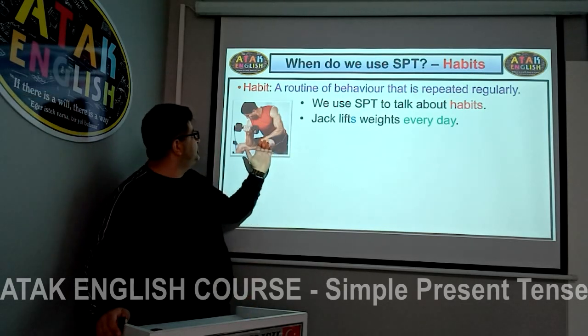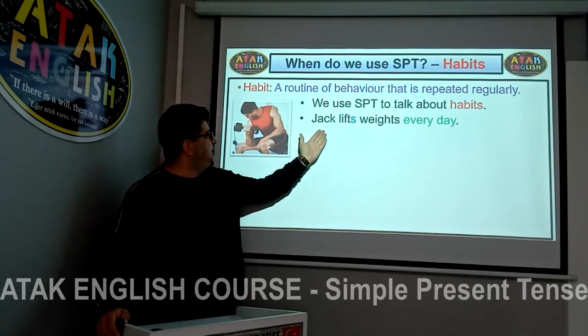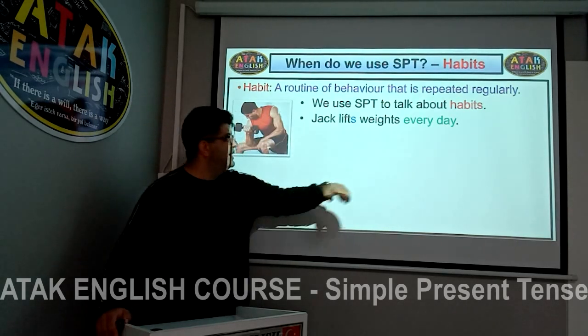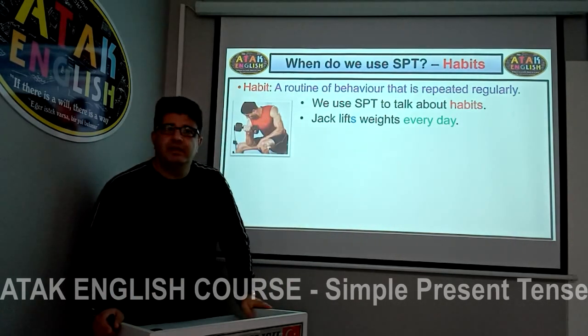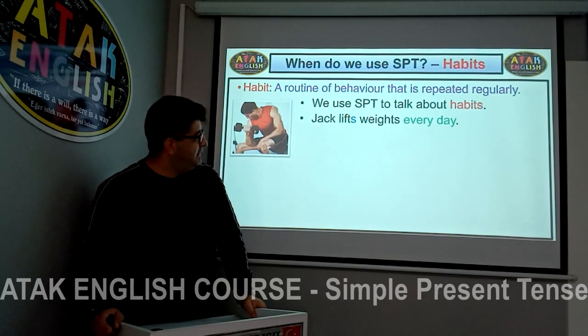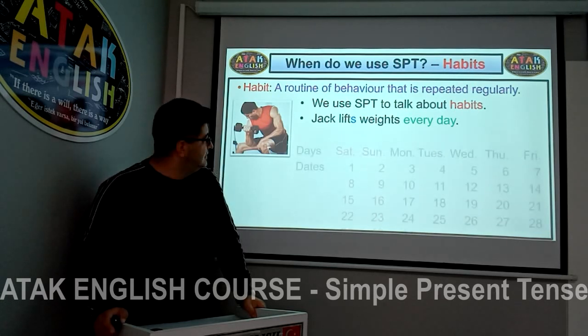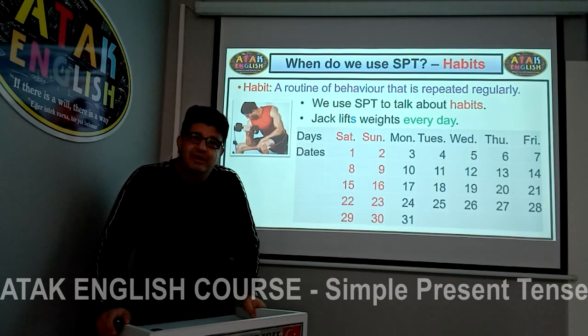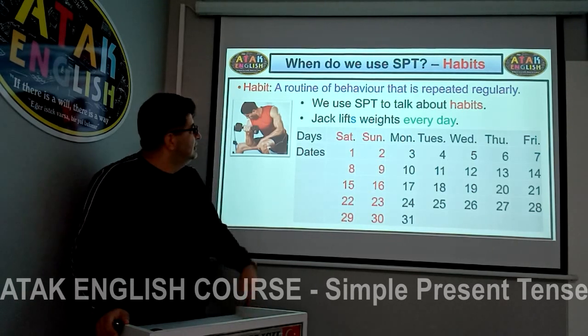Okay, let's see the picture and our example. Jack lifts weights every day. Isn't that just an everyday action, routine, or habit? Yes. Okay, let's see on the calendar. What does that mean?